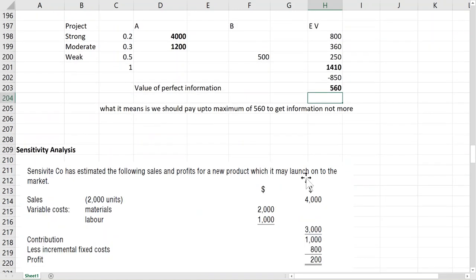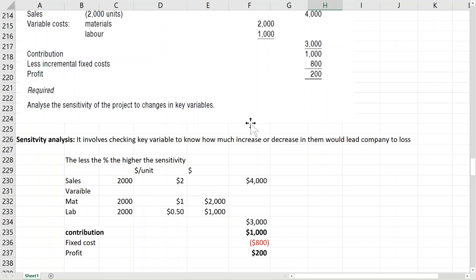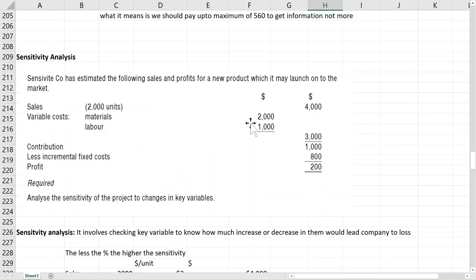Okay, next we have sensitivity analysis. Sensitivity analysis, remember, is an uncertainty technique. So sensitivity analysis doesn't tell us what will happen because we don't know what will happen. We don't have experience. But sensitivity analysis is also called what if analysis. Let me write here what if as well.